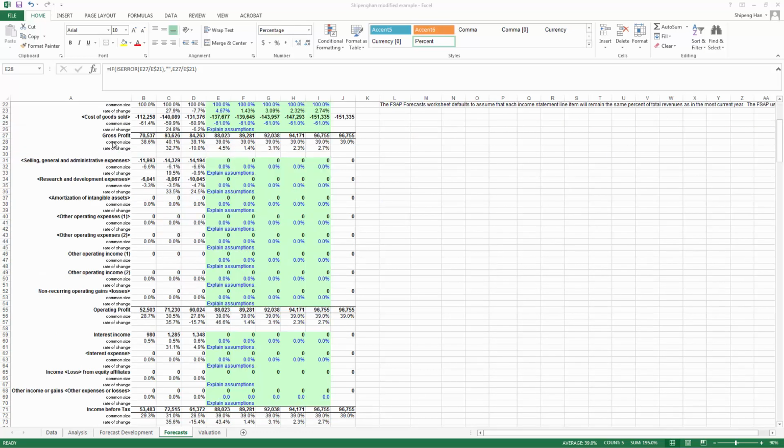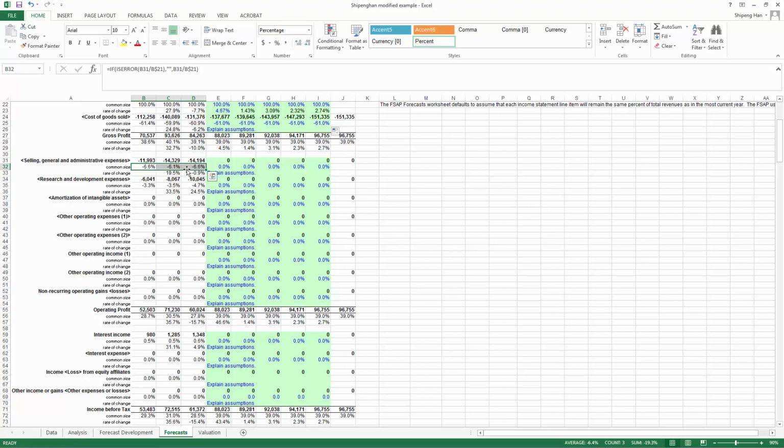Similar to cost of goods sold, we can forecast SG&A expenses in the same approach, because SG&A expense is usually a fixed percentage of the total revenue. If you see the common size analysis, the SG&A expense is about 6.1 to 6.6%.